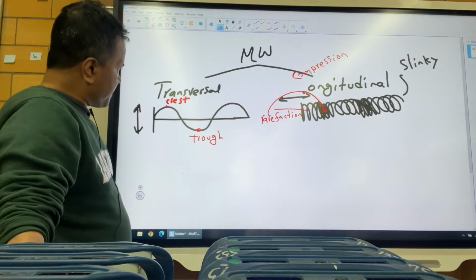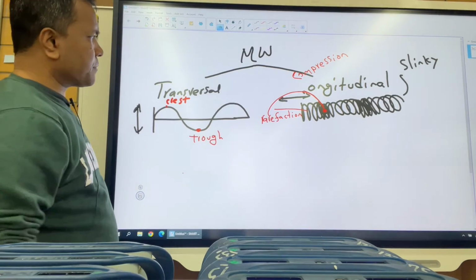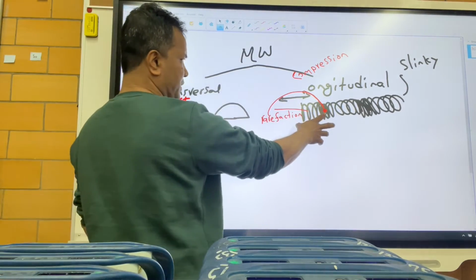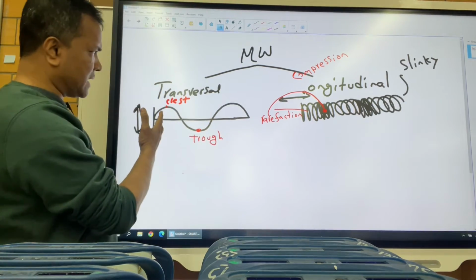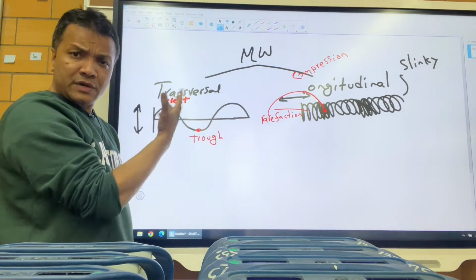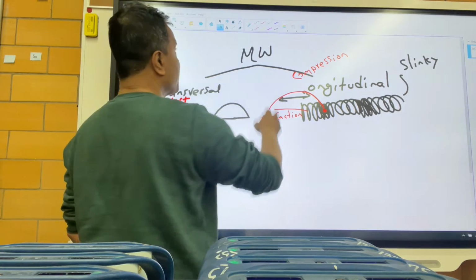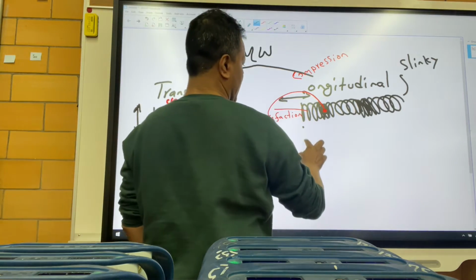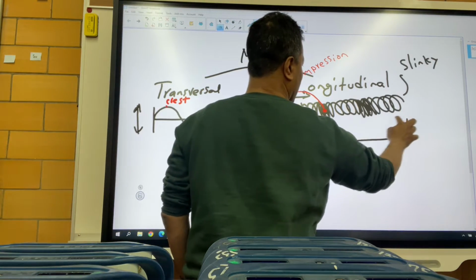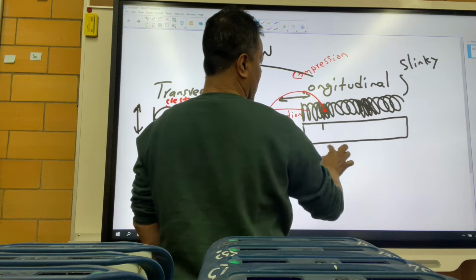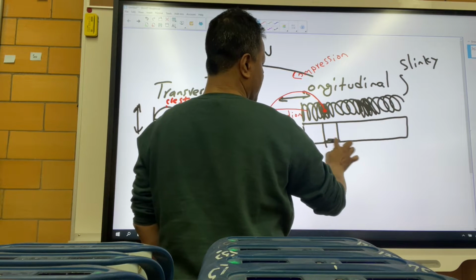Now, we want to understand this in terms of, let's say, the diagram. So let's draw a diagram. This is high pressure.